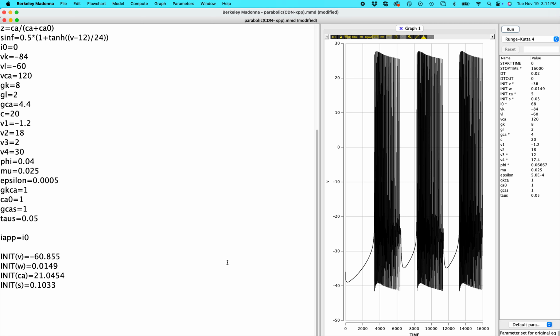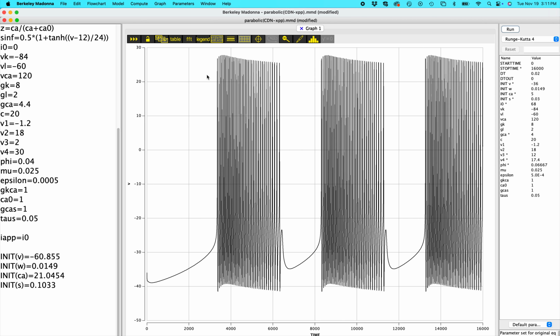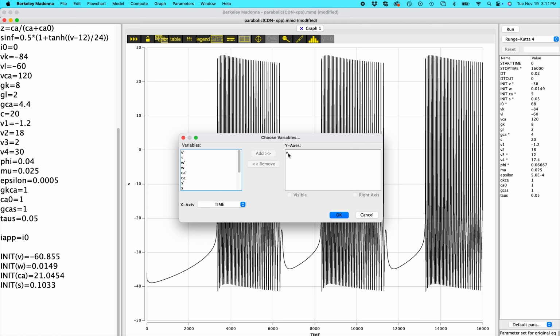Sanjoli, you would like me to show? Yes, Sanjoli would like to see the slow phase plane. So to do that, I will go to Graph, choose Variables, and I don't need V anymore.